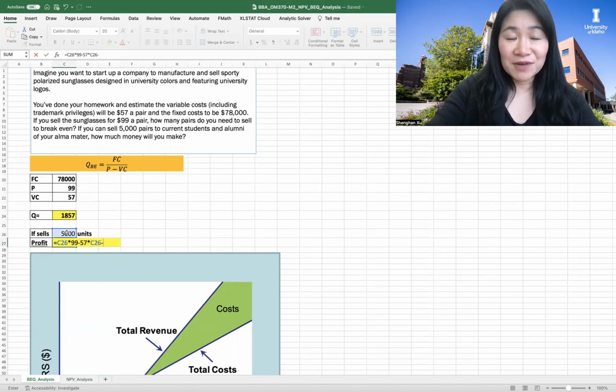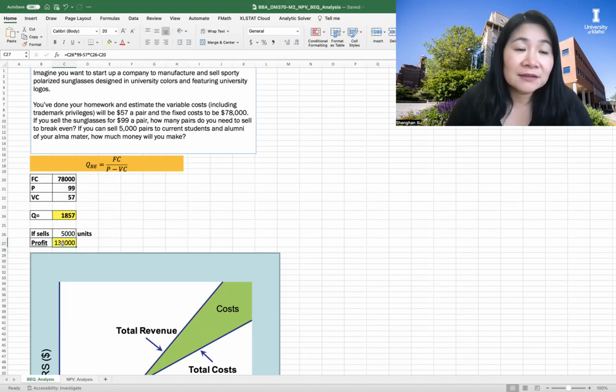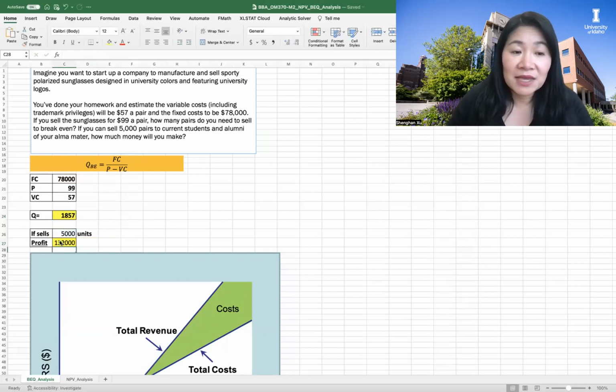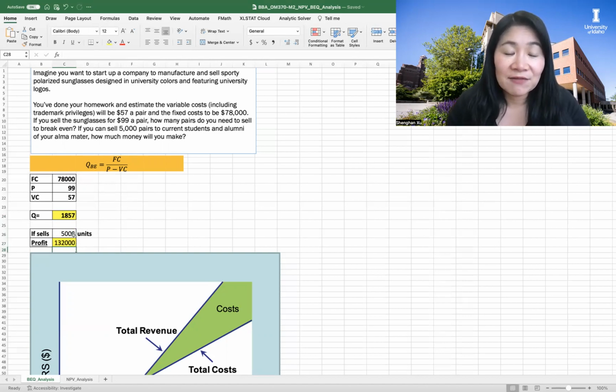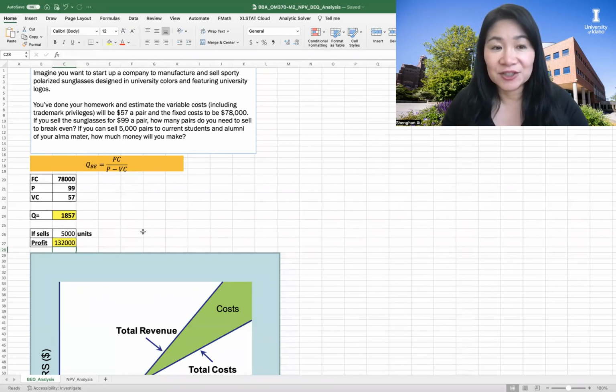And then you have to minus your fixed cost, right? So if you're selling 5,000 units, you are making this amount of money as your profit, okay? And 5,000 is definitely much higher than 1,857, so you're definitely going to make money in that range, right?